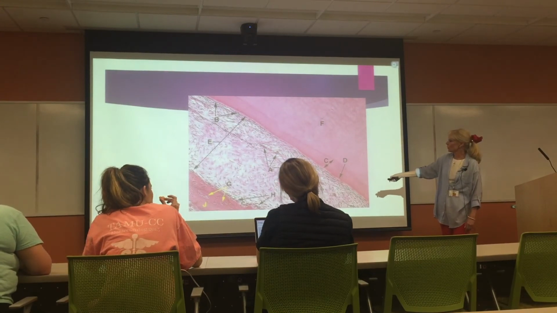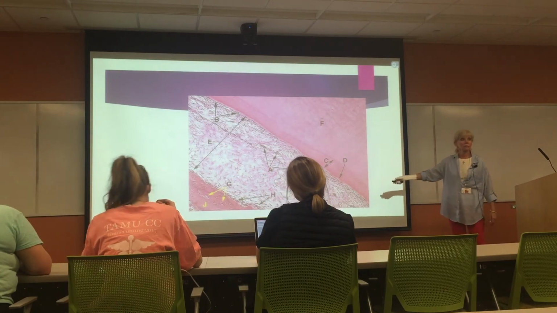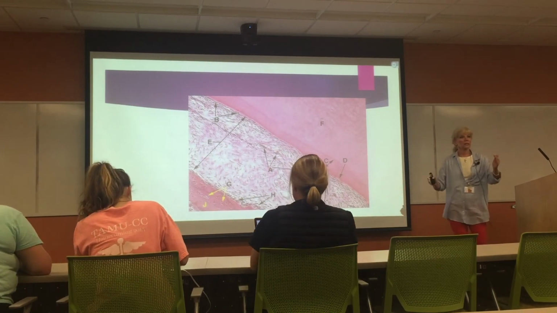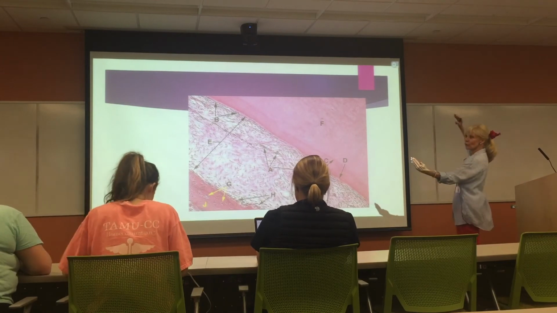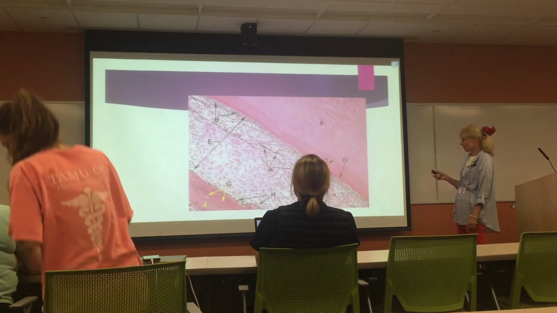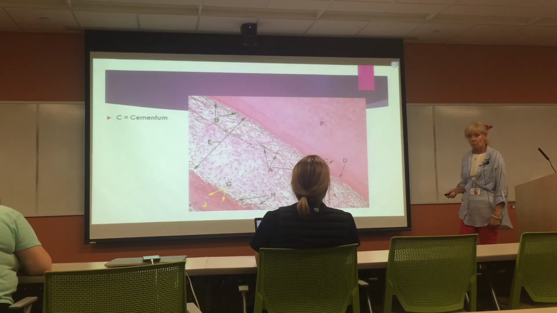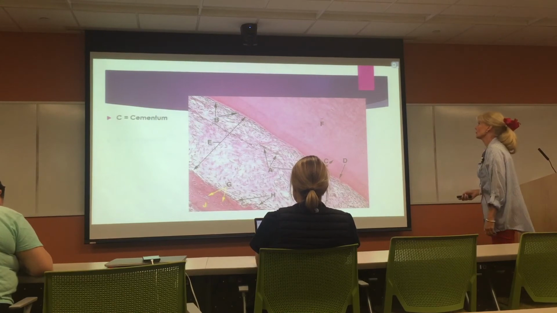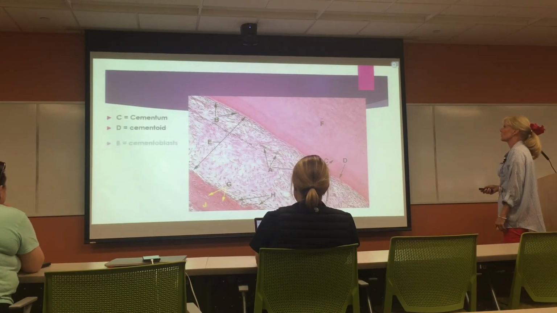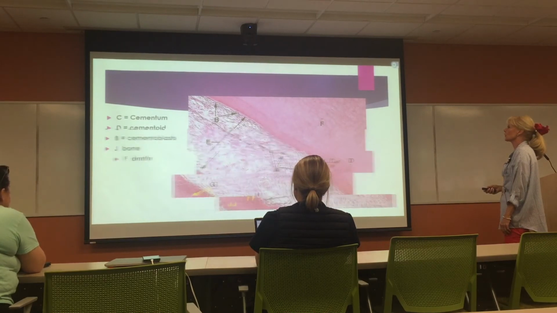And then there's some interstitial spaces here. So can you tell that's PDL? The whole key is you have to be able to see bone and the tooth, and between is periodontal ligament. Interstitial spaces are for the vessels in there. Yep. So, yeah, this one I did label all of these, I think. The important ones I labeled.